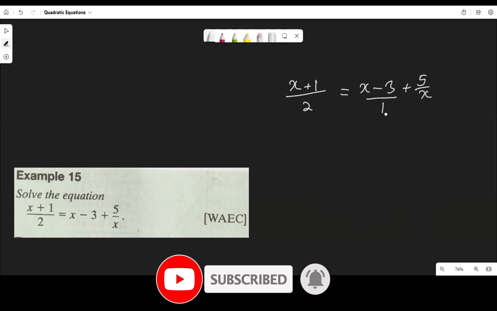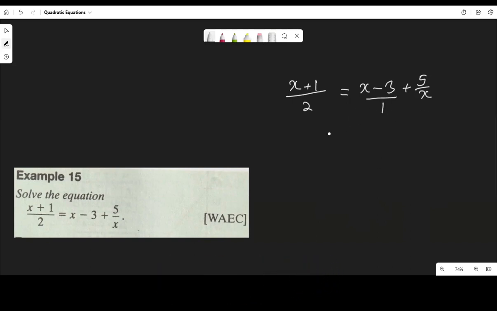The LCM of 2, 1 and x is 2x. So if we multiply each term of this equation by 2x, we'll have 2x times (x plus 1) over 2 equals 2x times (x minus 3) over 1 plus 2x times 5 over x.